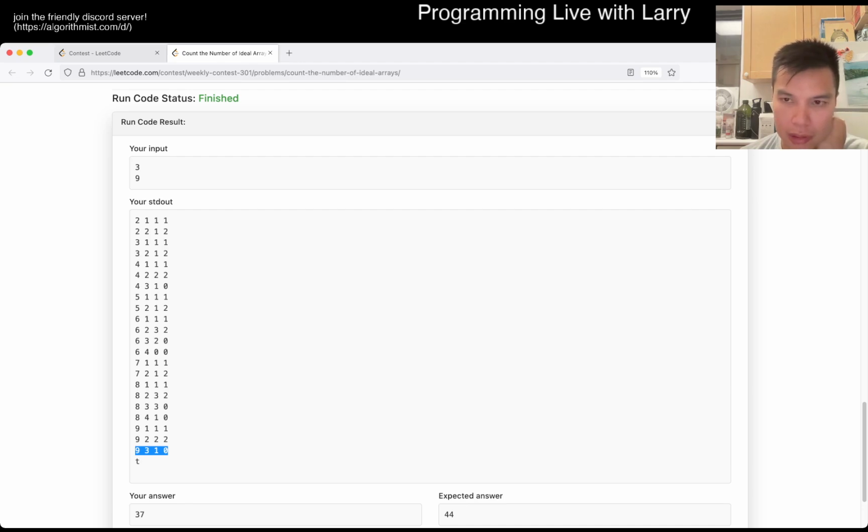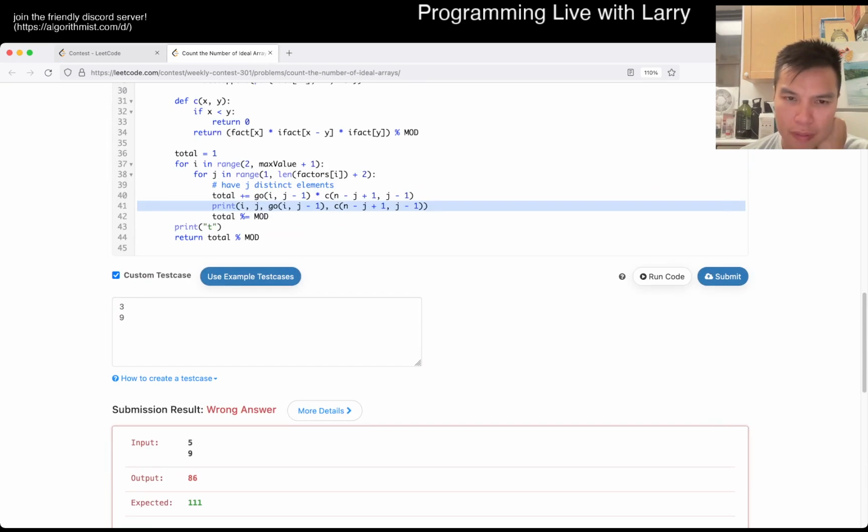Right, so we have 0 choose. This part is wrong. I think that's probably why. Because we should have 0 choose 0, but this may actually be 0 choose like 2 or something, which is why this is wrong.